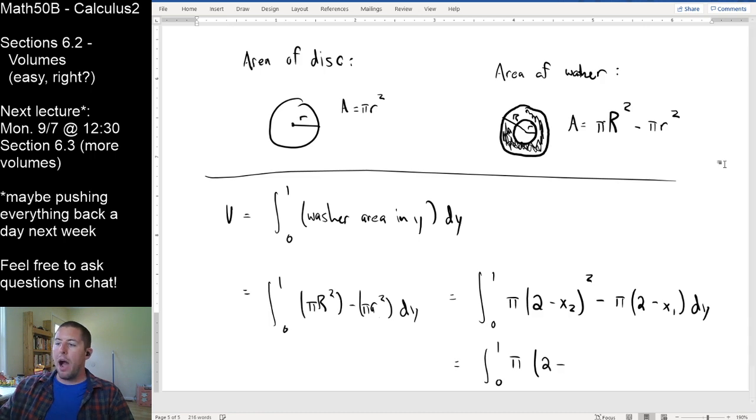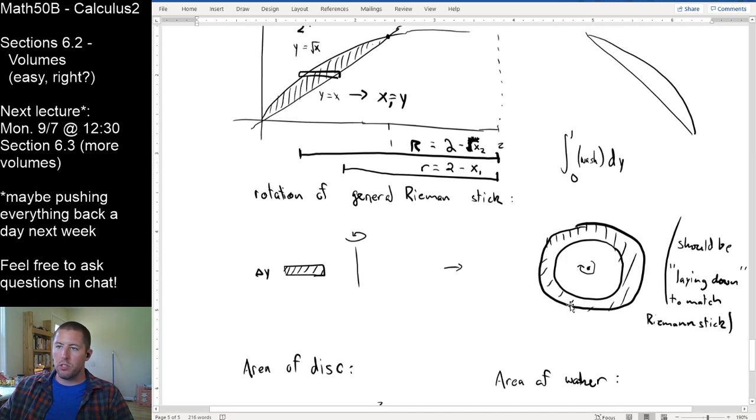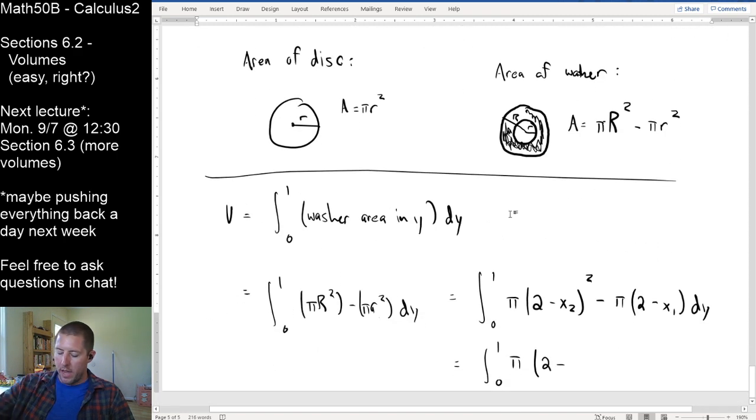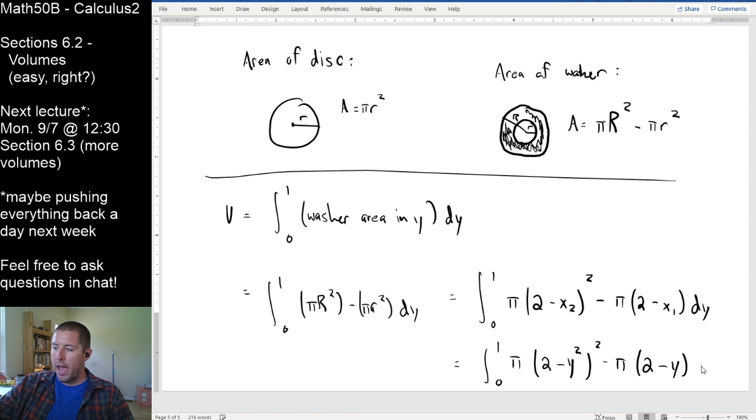Our outer radius, our outer term, the x2, was associated with the square root of x function, which when you flip y equals root x, you get x equals y squared. Right? So that's going to be y squared. That's your radius squared minus pi times 2 minus. This was just a y equals x function, so y and x were the same for that guy.